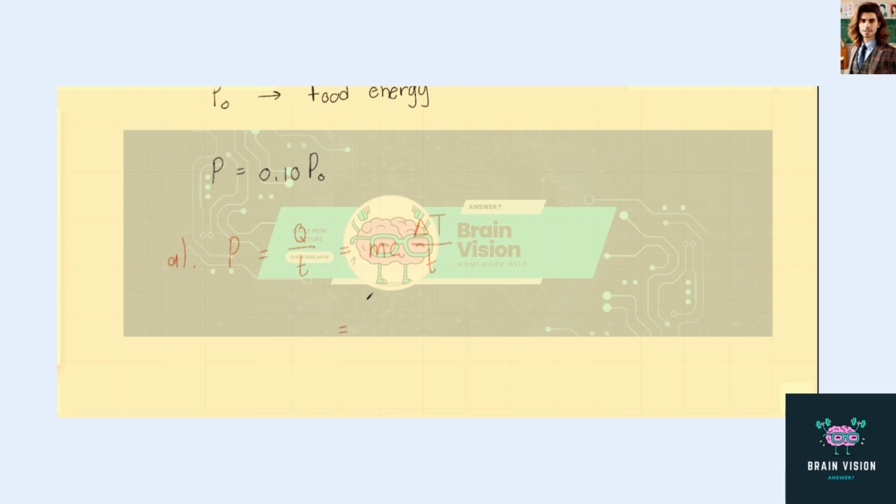The mass of the air is its density times its volume. The density of air is 1.2 kg per cubic meter and occupies a volume in the calorimeter of 0.05 cubic meters.